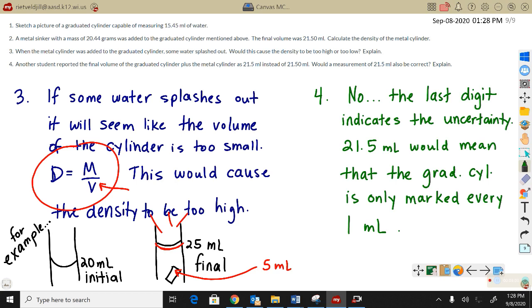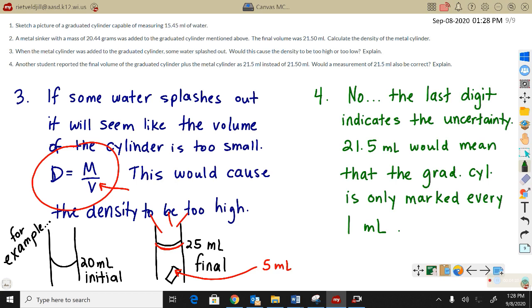Well, that's not accurate. That other milliliter is now off on my table or something. And so it's going to seem as though the volume of the object is too small. And then when I plug that into my density calculation, if my volume in the denominator is too small, it's going to seem as though my density is too high.